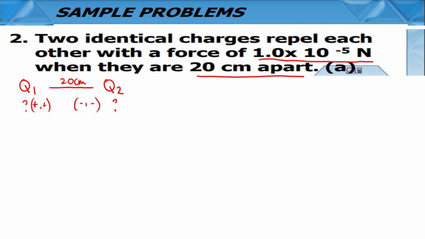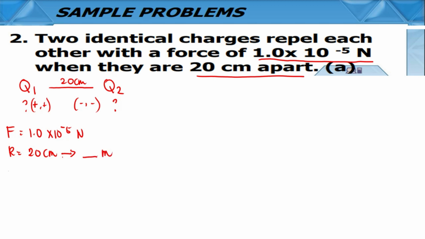So it depends. Let's try to analyze and write first the given in our problem. We have here our force, which is 1.0 times 10 raised to negative 5 newtons. We also have our R, which is 20 centimeters. Kailangan natin siya i-convert into meters ulit.